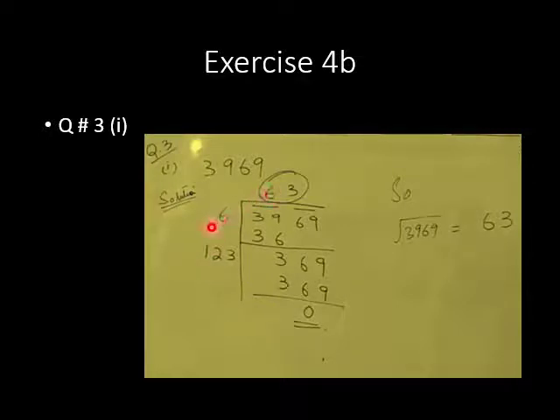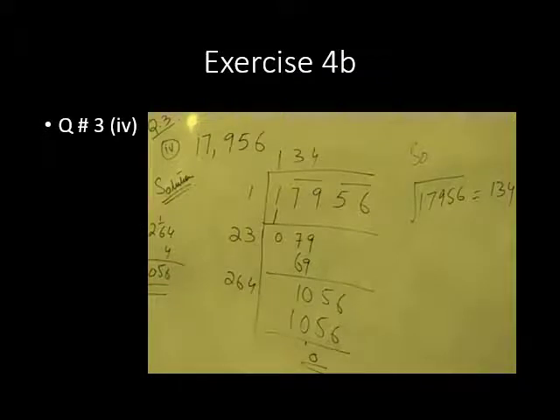We have to add a number to 12 to find the exact number. So we add 3 and also write here 3, then we will get 369. So the square root of 3969 is 63, which we are getting here.